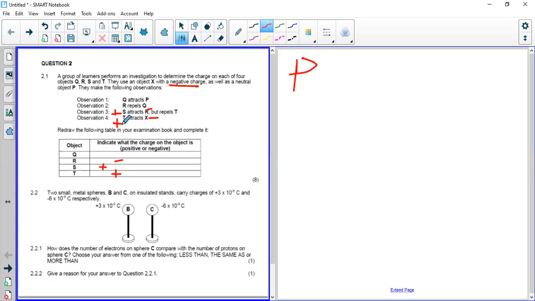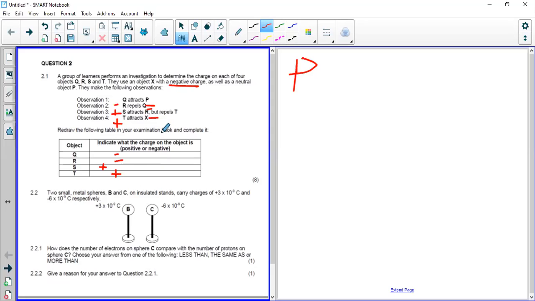Now, we are told observation 2. We know R repels Q, but we know R is negative. So if R is negative, repulsion is because the charges are the same. Therefore, Q is also negative. So your Q is negative here.